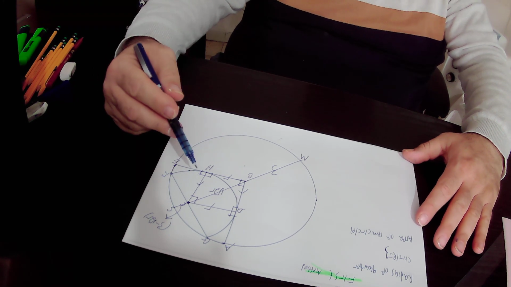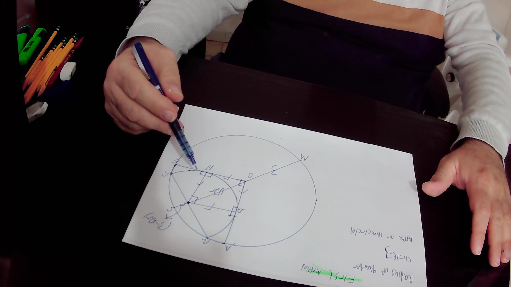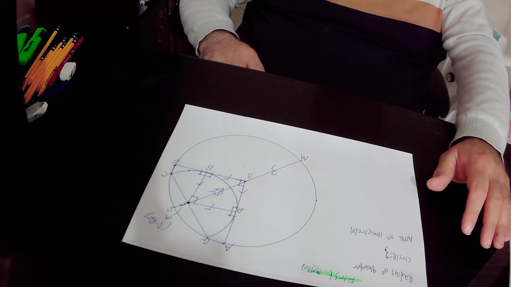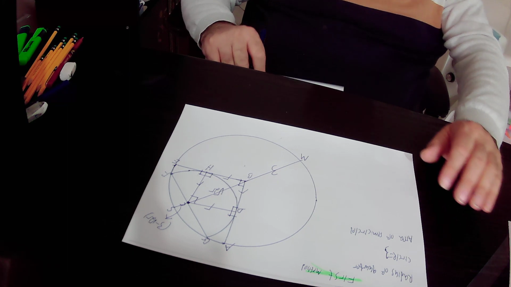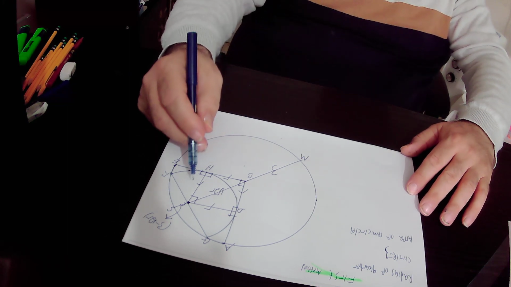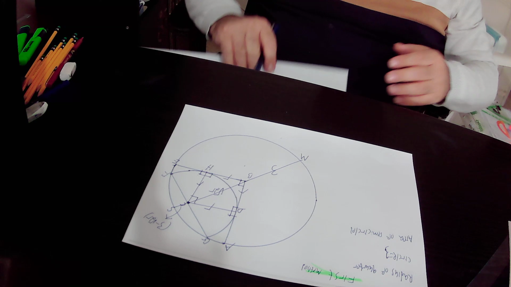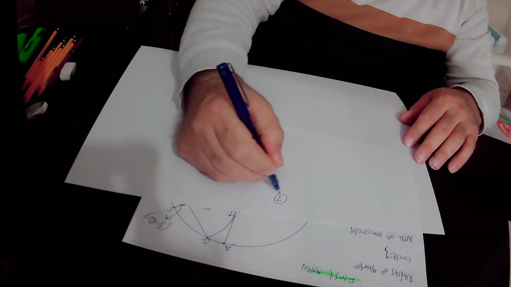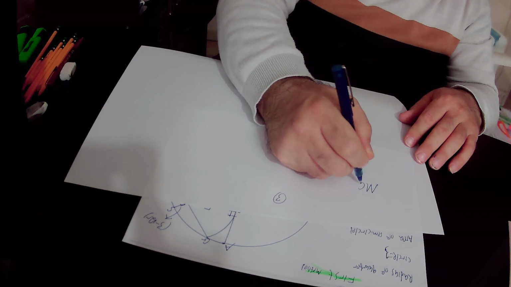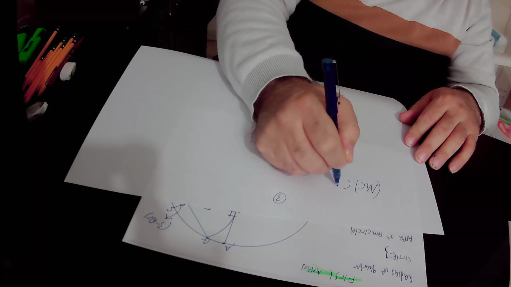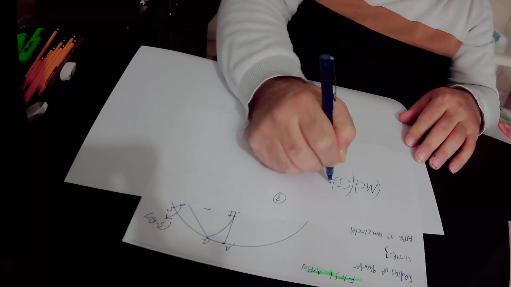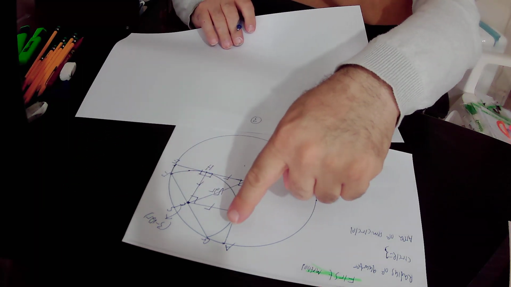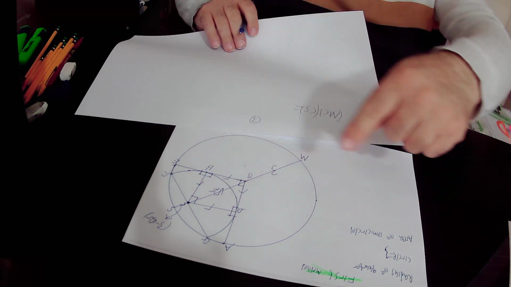So according to the rule that I presented to you, the following formula is true, that MC times CS equals GC times CF.